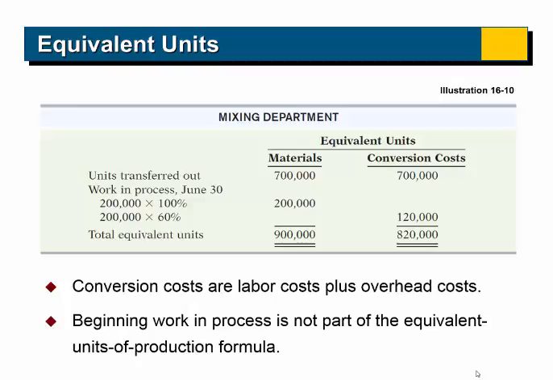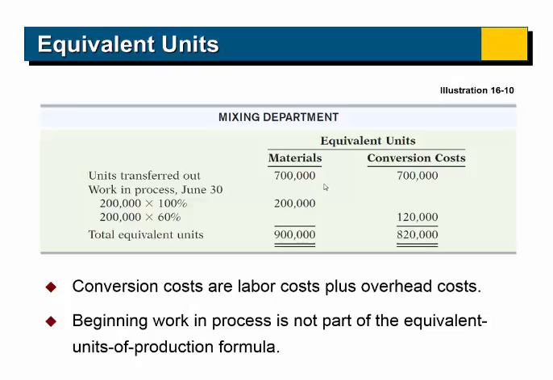But what we need to do is calculate equivalent units as to materials and equivalent units as to conversion cost, so that we can use those equivalent units to help us calculate a cost per unit. So let's first look at the column for the materials.